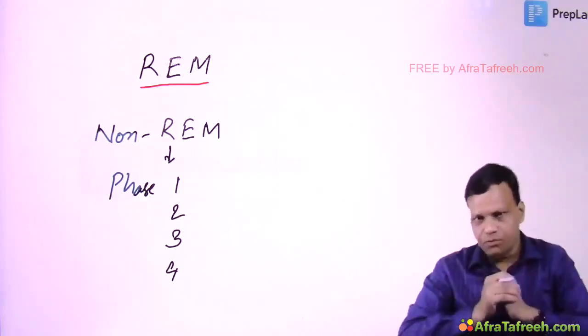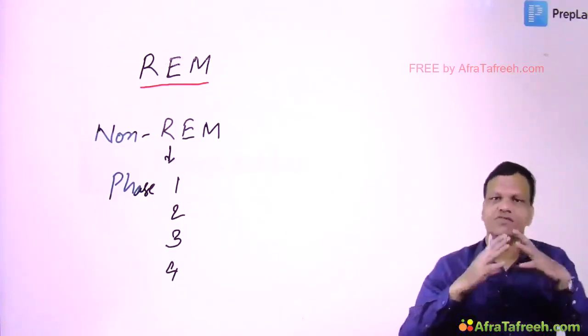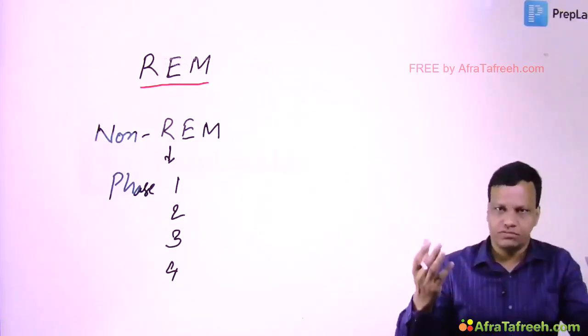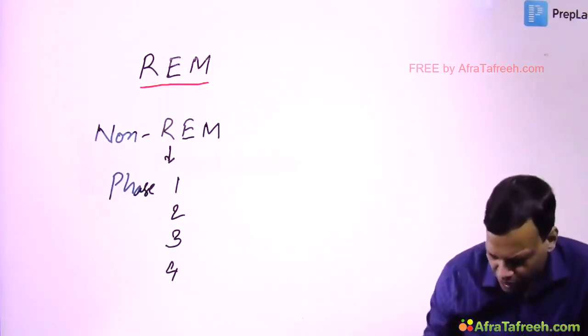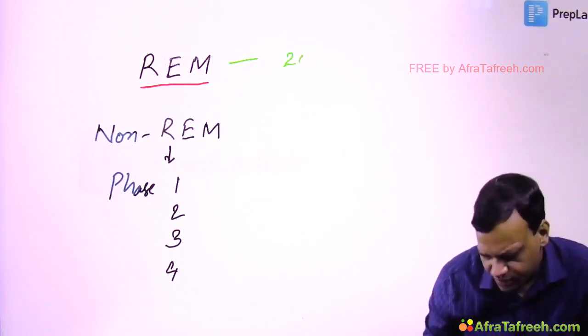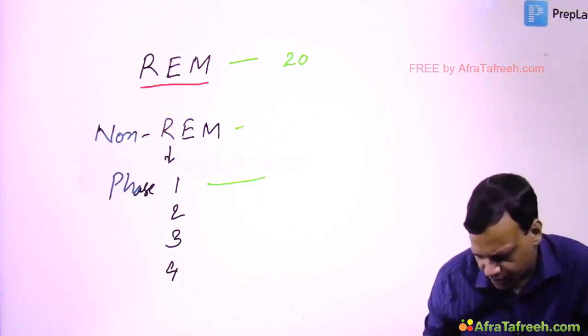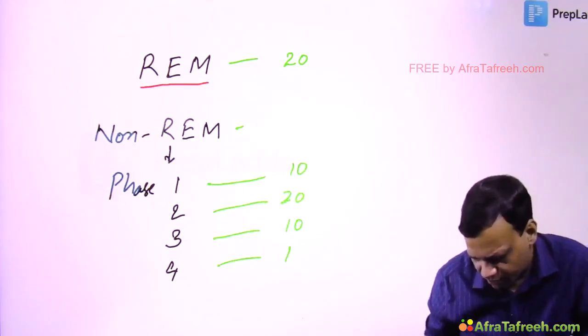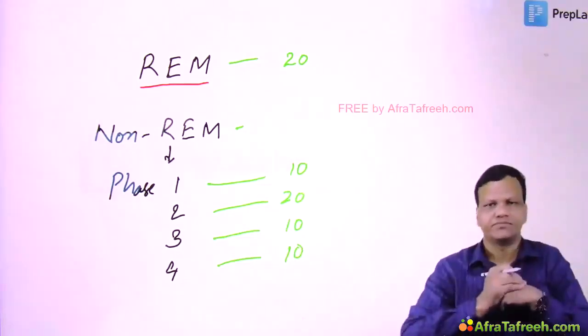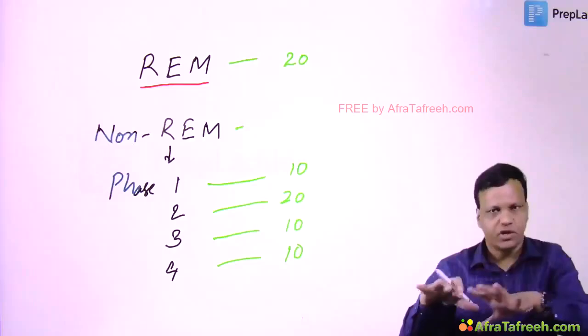Now coming to our main point, these different phases of the sleep have some fixed duration. So hypothetically assuming, suppose REM phase lasts for 20 minutes, phase 1 sleep lasts for 10 minutes, phase 2 for 20 minutes, phase 3 for 10 minutes, phase 4 for 10 minutes. Hypothetically assuming, not important. These are not the right values also.